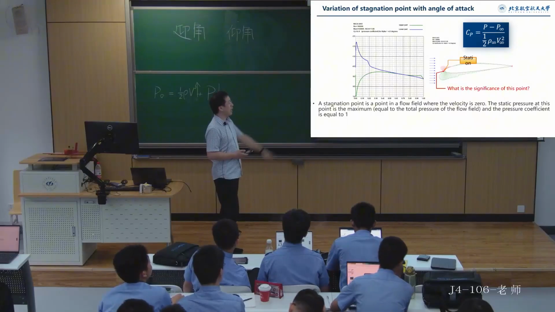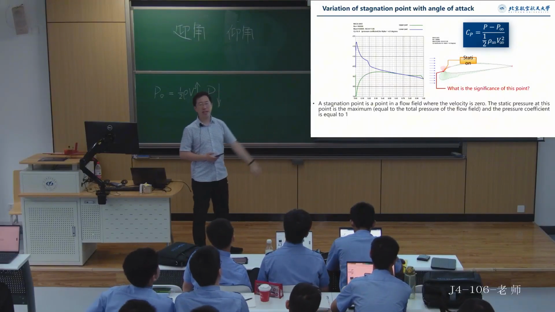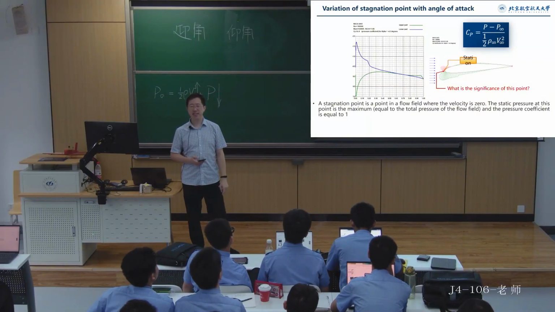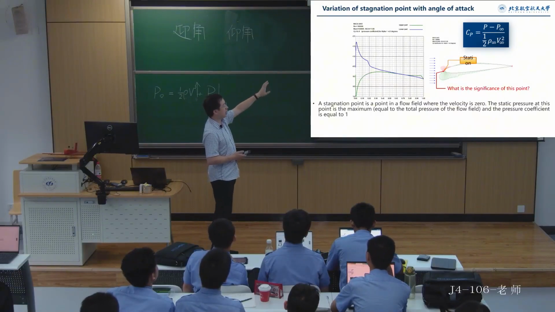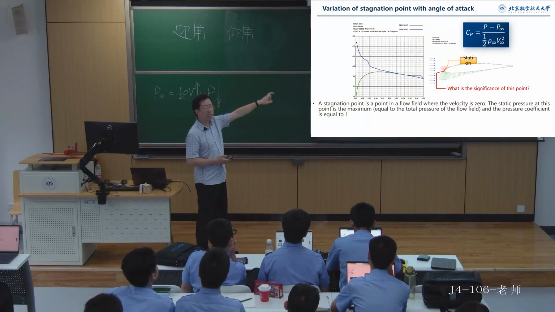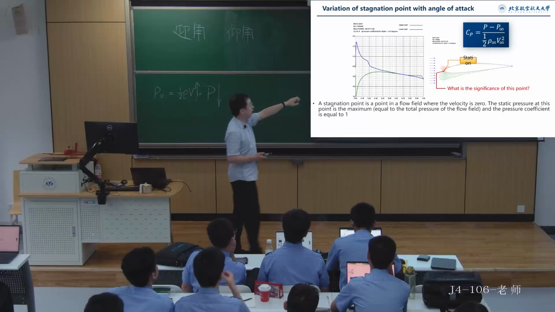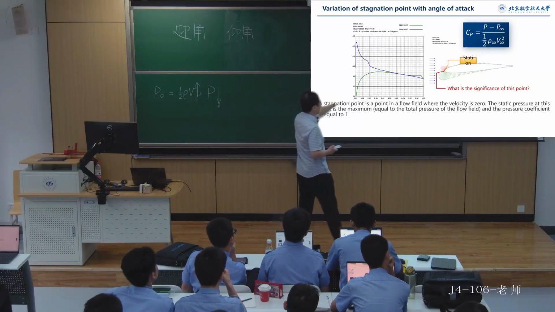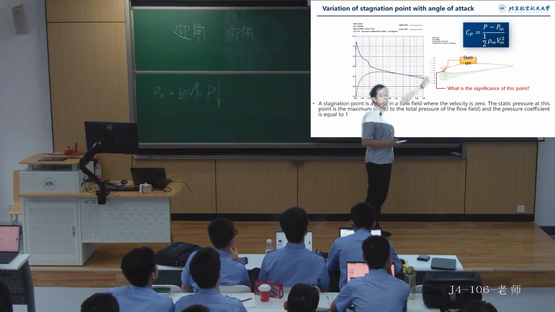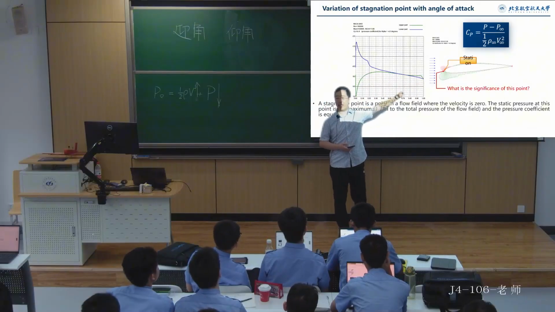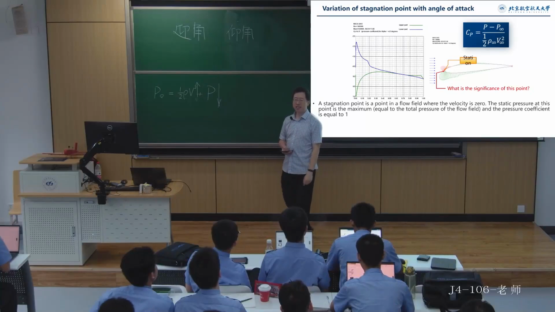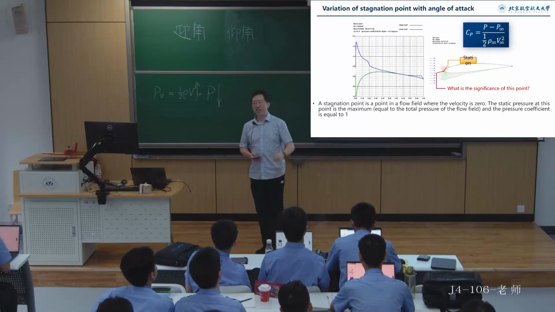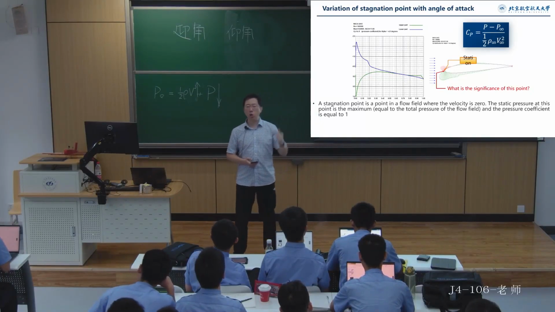Which value makes the pressure coefficient 0? The location where the pressure equals the atmospheric pressure at infinity. That's where the pressure coefficient is 0, right? So, what does it mean? It means the pressure at that point is the same as the atmospheric pressure far away. Now, what about the speed at that point? It's the same as the free stream velocity at that moment, right?